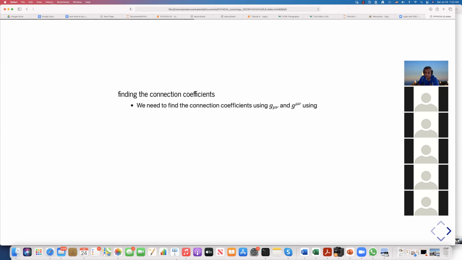You know that one is the normal metric and the other one is the inverse of that. So when you know that, you can use this equation which we have discussed before to find the connection coefficients, right? And I guess you have done 1 or 2 examples as well.